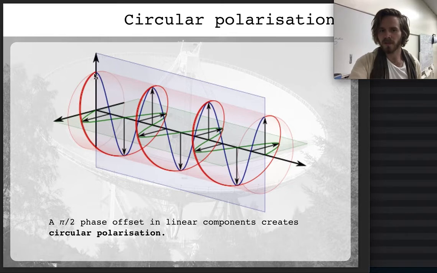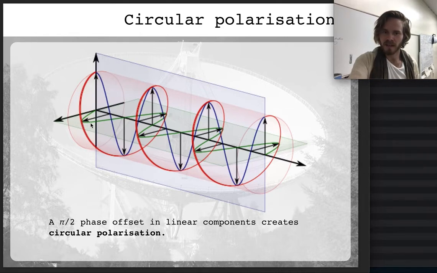So we can think of this as 1 and 0: the contribution from vertical is 0, and the contribution from horizontal is 1. So now our combined wave is pointing fully in the horizontal direction. We start in the vertical direction, and after 90 degrees, we're now at the horizontal direction.